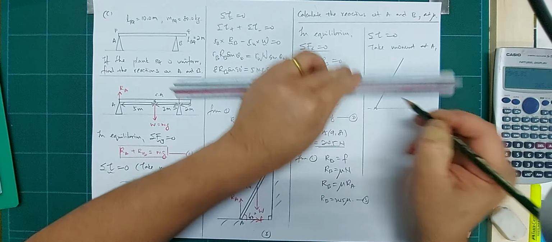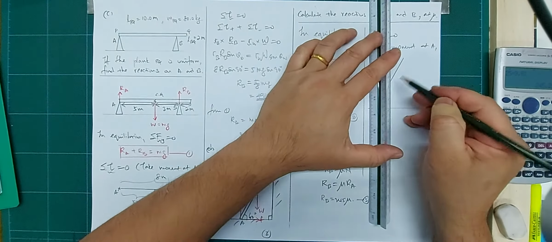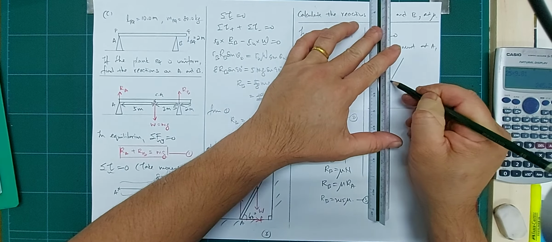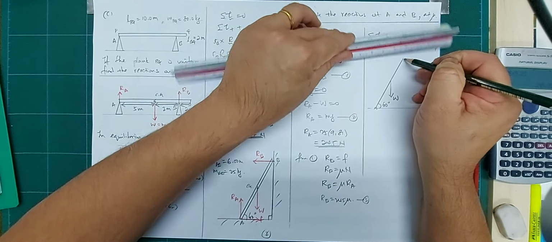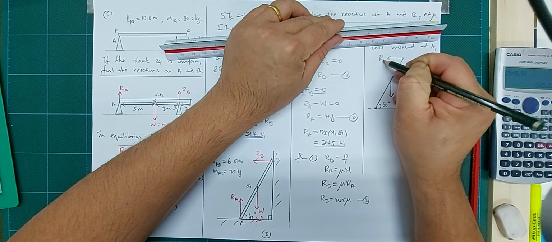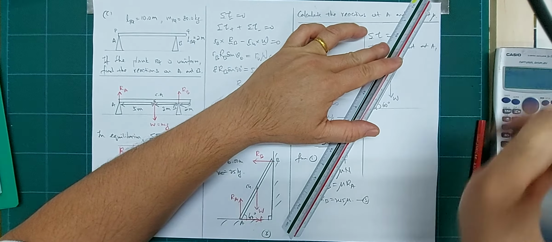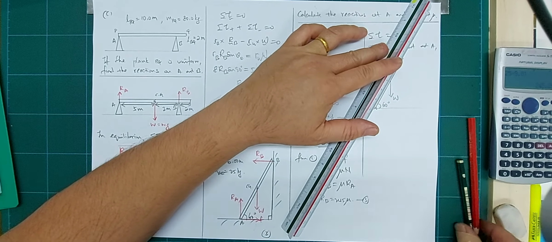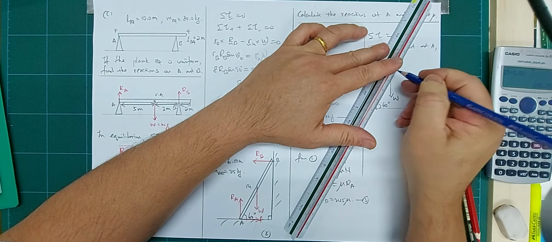Okay, this is our floor. So this one is 60 degree. So now we have this W, and then we have this reaction, this one is RB. And you need to know the angle also, because later on you're going to draw all the displacement vectors.